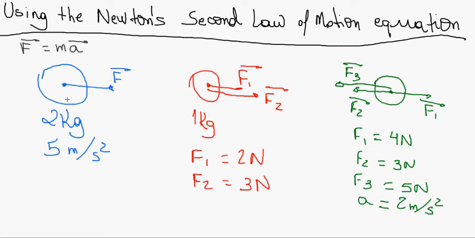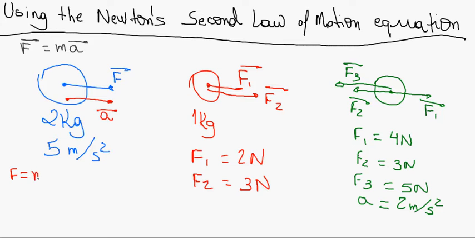We have an object of 2 kilograms of mass, and we want to know the necessary force in order to accelerate this body at a rate of 5 meters per second squared. It's the basic usage of this equation. The acceleration is going to be in the same direction as the force, so we're going to use the equation just with the magnitudes.